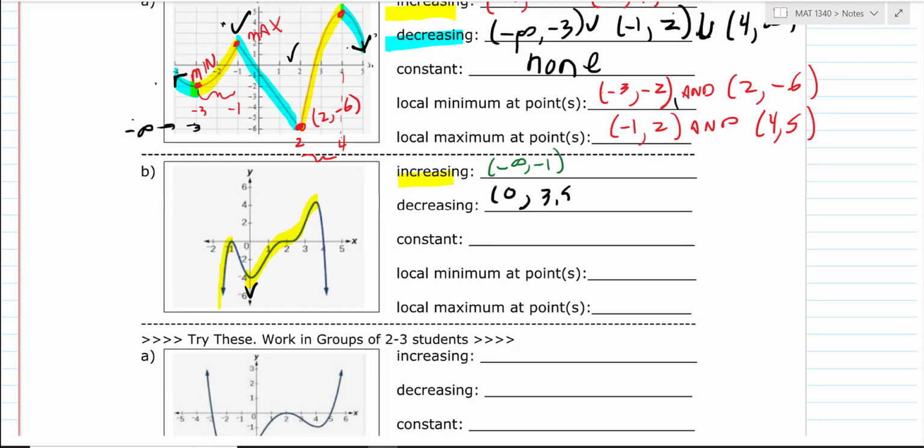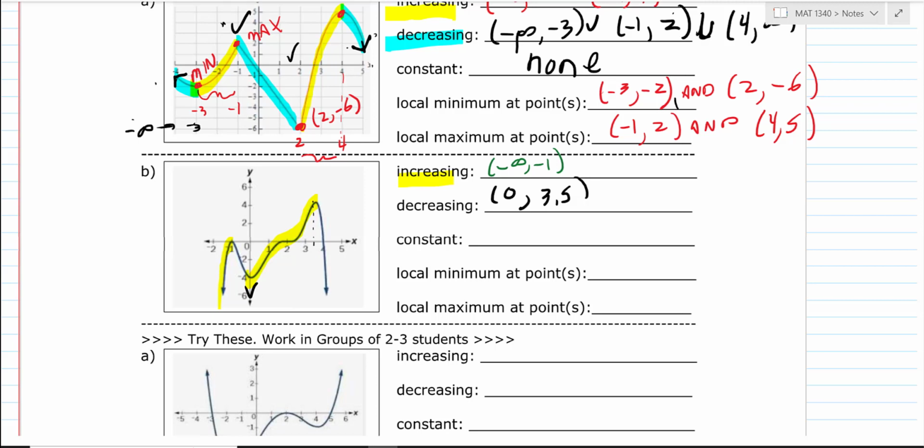I'm just guessing that if I take that high point, it looks like 3.5. And that whole area right there, you may think we're constant there. That's not really what's supposed to be happening. This is a bad graph. I could have given you a better example. I'm just going to assume that right at that point, it levels off and just keeps increasing.